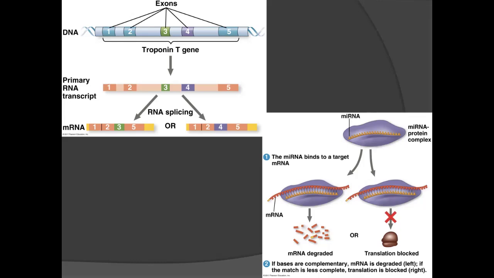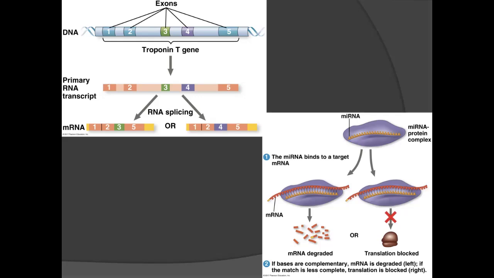In the bottom diagram, we can see the role of microRNAs. MicroRNAs are a small RNA sequence that are important in identifying and binding to a target mRNA sequence that will target it for degradation. They can also block the translation of that particular RNA transcript. We see that the microRNA will join to a protein to form a microRNA protein complex.